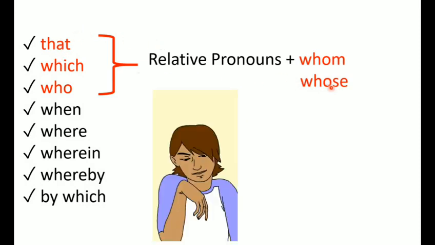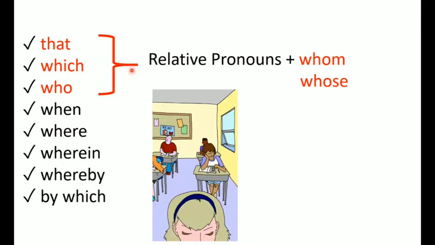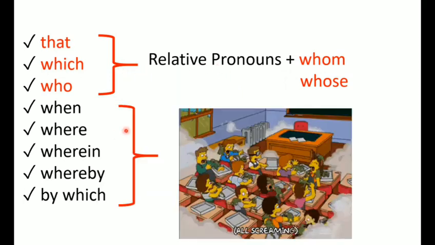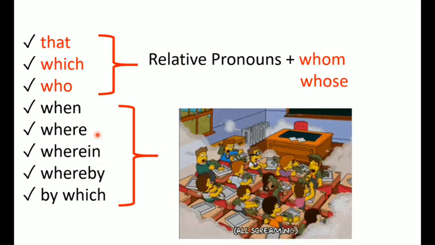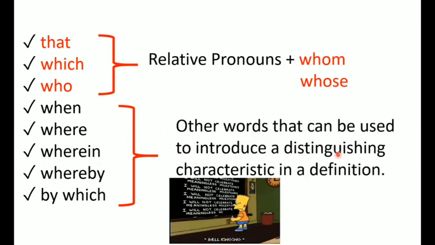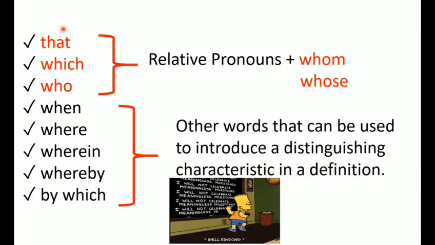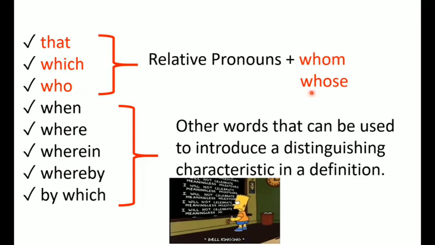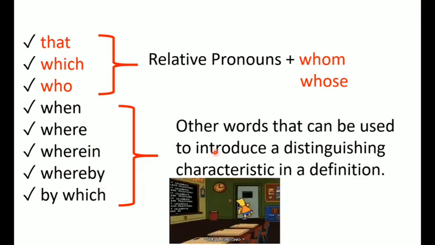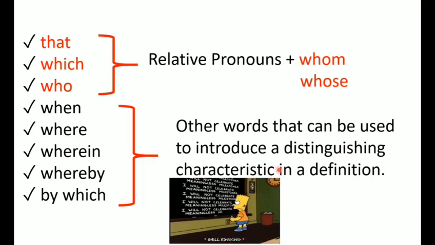Itong limang ito ang relative pronouns na pwedeng gamitin sa distinguishing characteristics sa definitions. These other words can be used to introduce also a distinguishing characteristic in a definition. Ibig sabihin, lahat ito, pati itong whom and whose, ay pwedeng magamit para mag-introduce ng distinguishing characteristic in a definition.